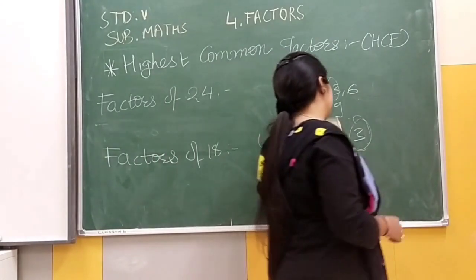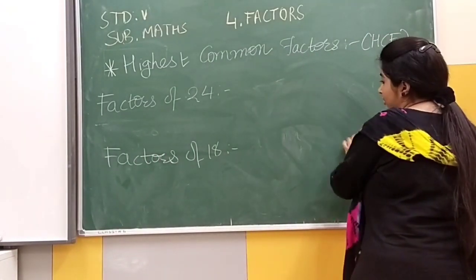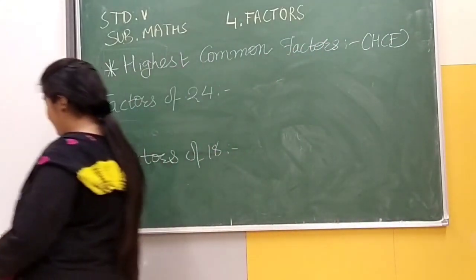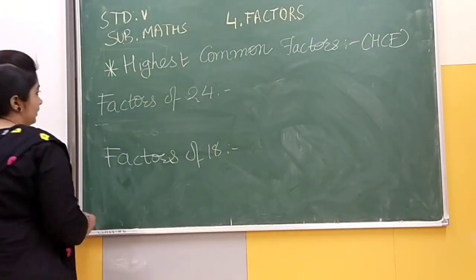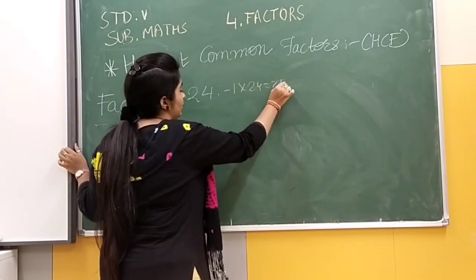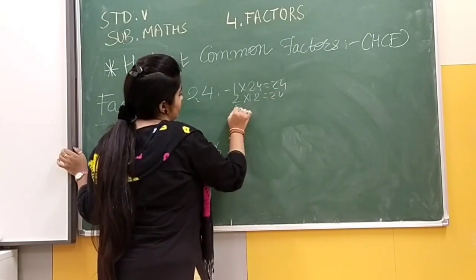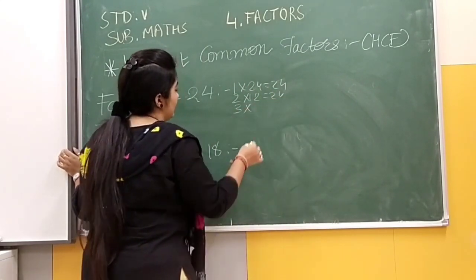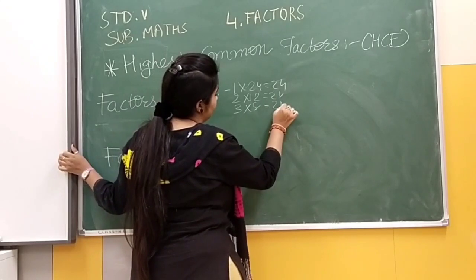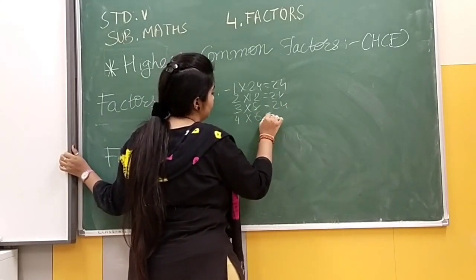Here we have 24 and 18. We will find factors of that first of all. That is 1 into 24 is 24, 2 into 12 is 24, 3 into 8 is 24, 4 into 6 is 24.